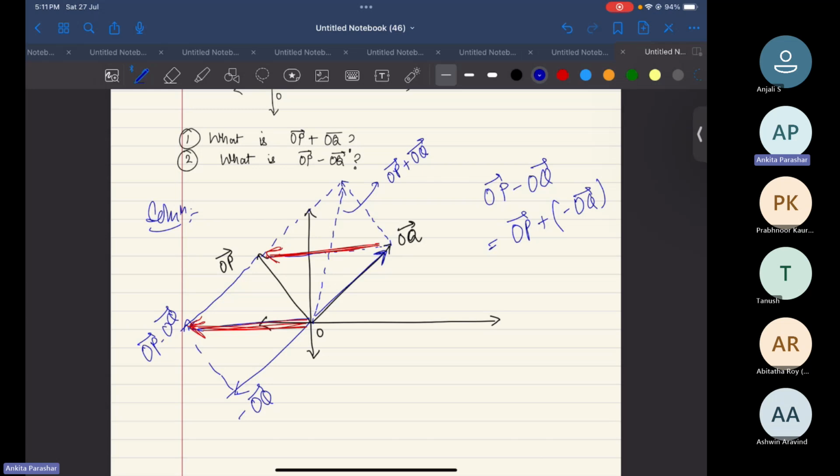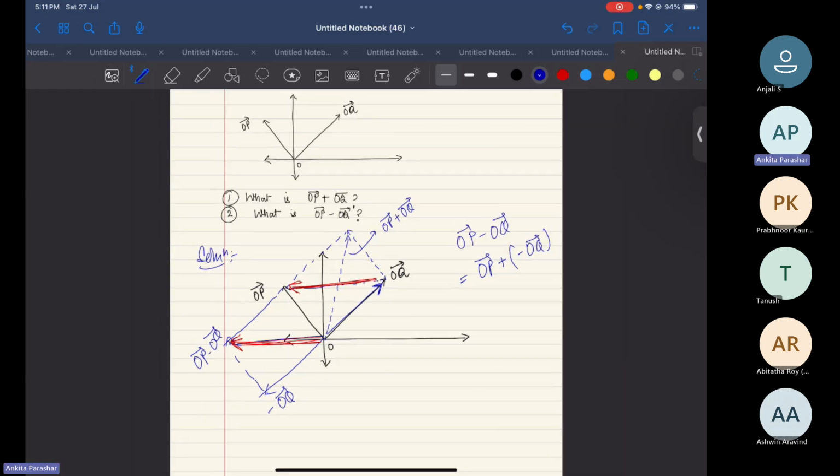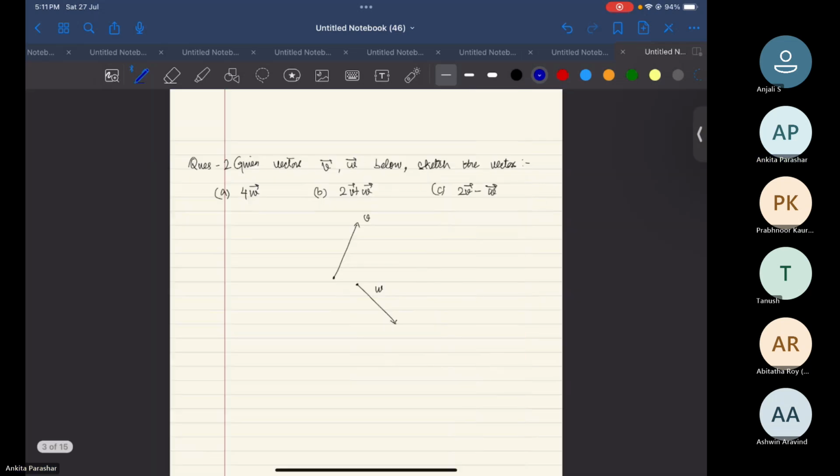You take the mirror image along the x-axis, and therefore your vector which was in the first quadrant will go to the third quadrant, and there you complete the parallelogram again and look at the diagonal, and that will give you your vector. But you see that vector is the same as the other diagonal of the first parallelogram which we saw for summing up two vectors, right? So this is what we did for the first question.